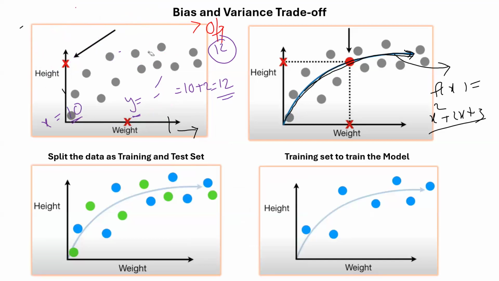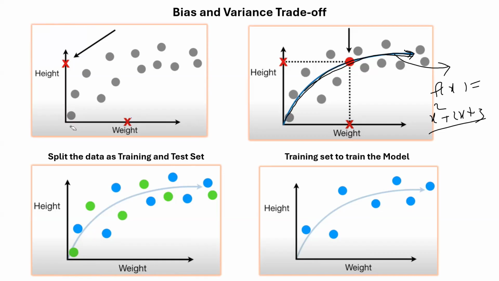Now, what I'm trying to do is, in the data that is given to us, we have to split the data. We cannot use all the data to train the model. We need some data to test the model as well, to see how it is working. We have already discussed the training set and the test set, I think in our initial days.